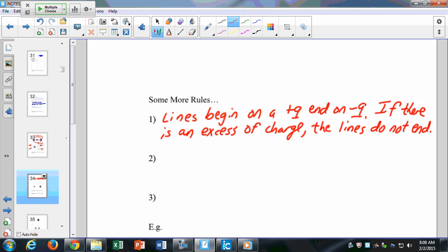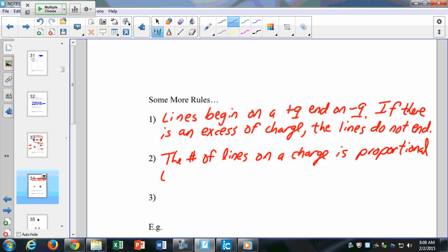The number of lines on a charge is proportional to the magnitude of that charge. So a charge 2q would have twice as many lines as a charge q.